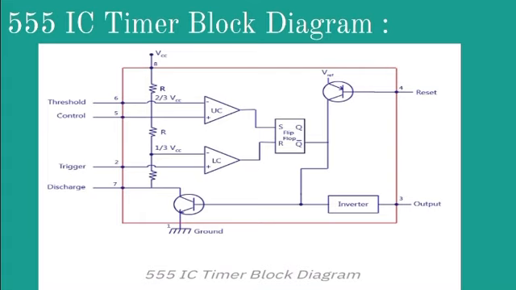Okay, so comparator 1 compares a threshold voltage with the reference voltage plus 2 by 3 VCC volts, and here comparator 2, that is op amp 2, compares the trigger voltage with the reference voltage plus 1 by 3 VCC volts.